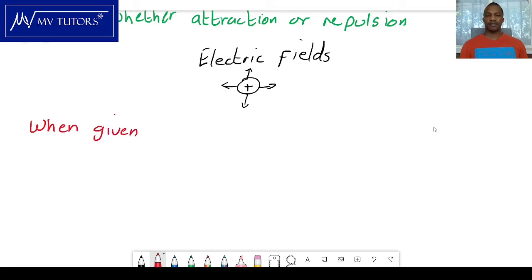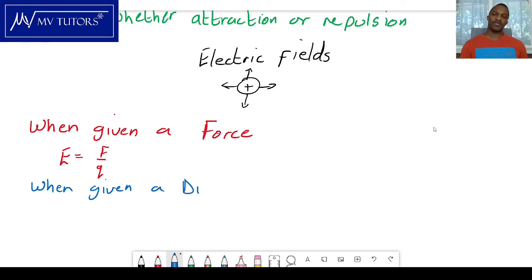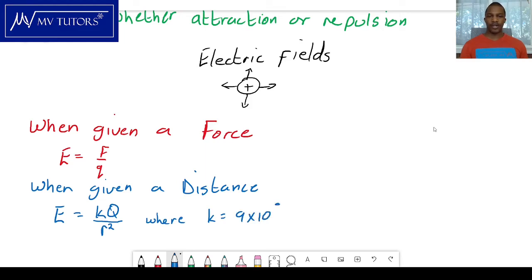When given a force, the formula for the electric field is equal to force divided by the charge magnitude. But when given a distance, the electric field is K, which is a constant, times the charge divided by the distance squared, where the constant K is equal to 9 times 10 to the power 9.